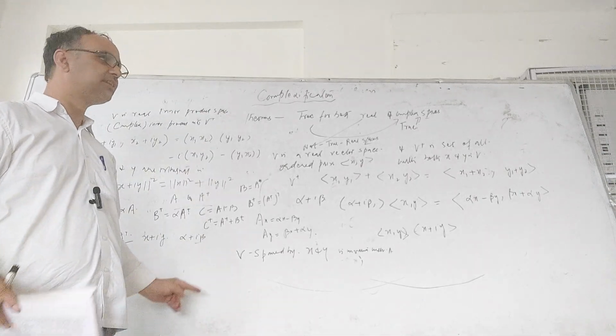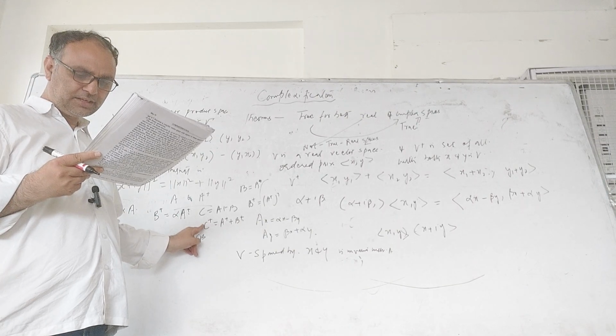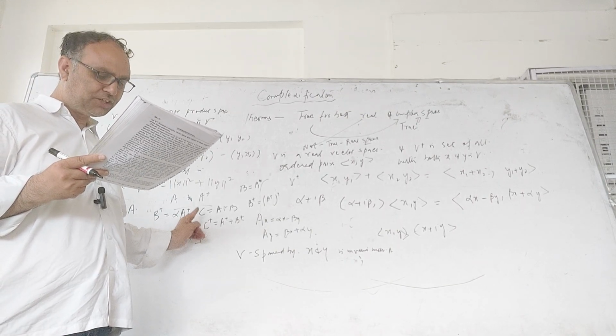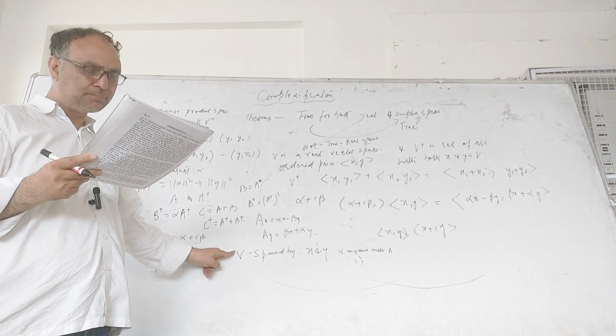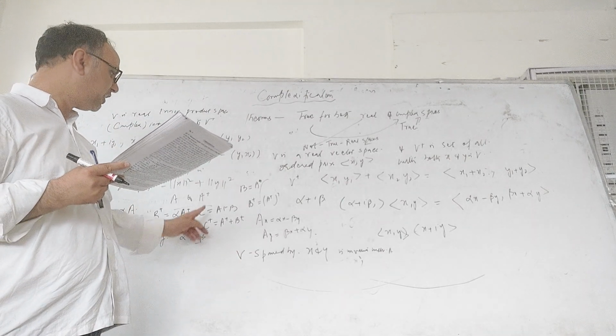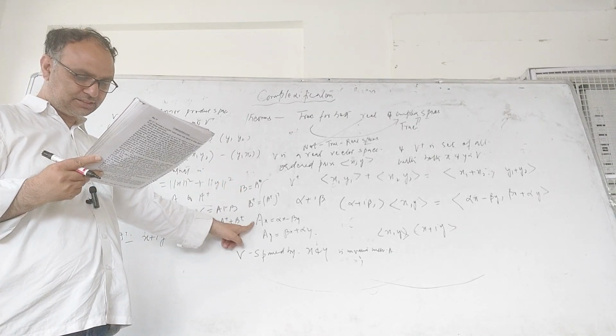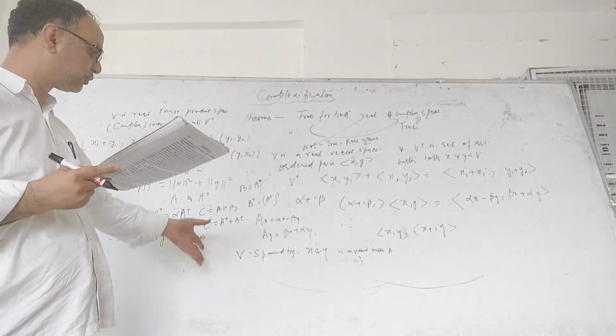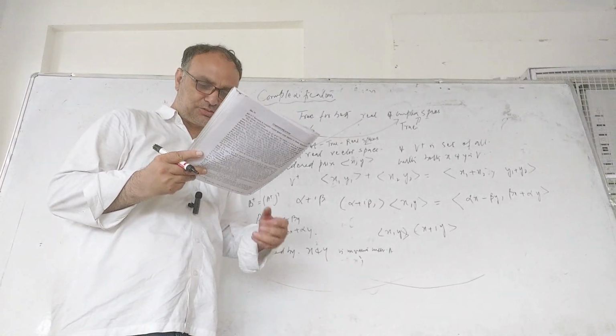So you can say that the matrix of the linear transformation A on V with respect to some basis x in V is the same as the matrix of A plus on V plus with the basis of x in V plus. So these are two linear transformations.